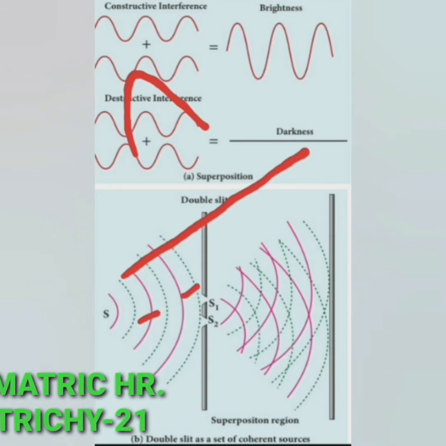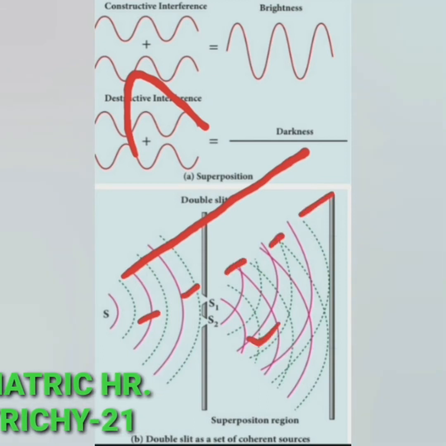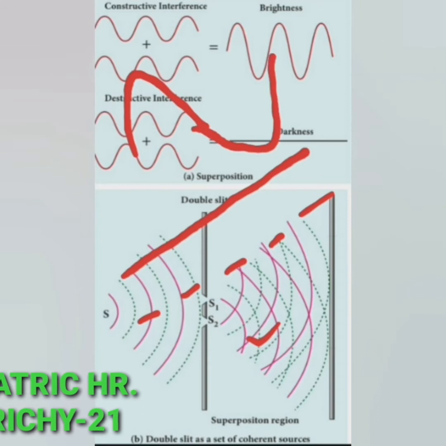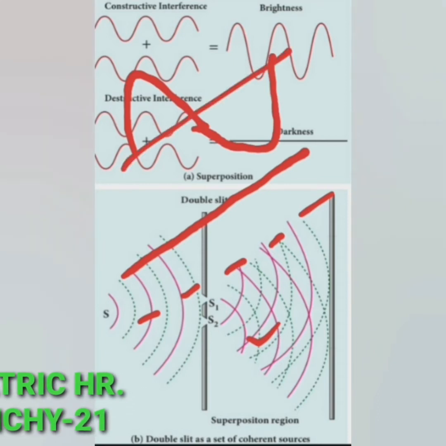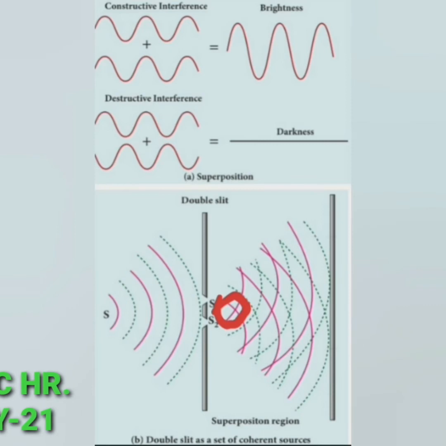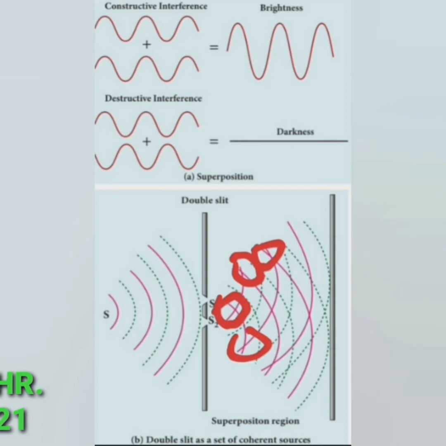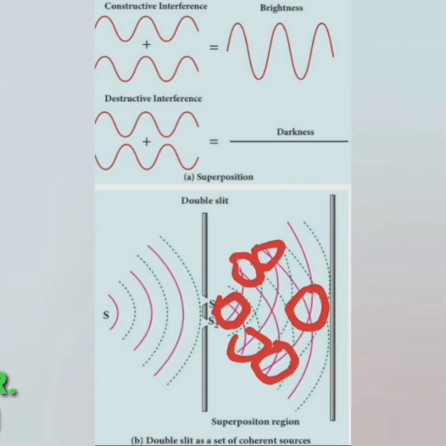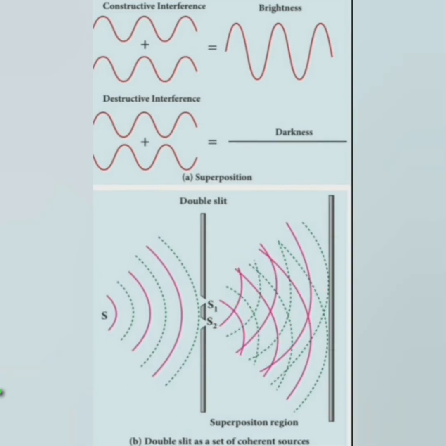The broken lines used in the diagram represent the trough of the waves. At the points where the crest of one wave meets the crest of the other wave, for example these points, you can observe the crest of one wave meets the crest of the other wave, or we can describe them as the points where the pink color lines meet.